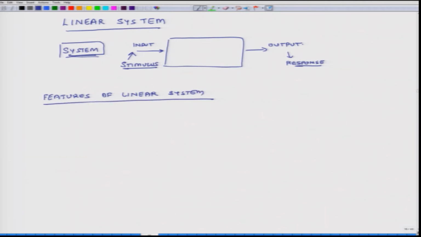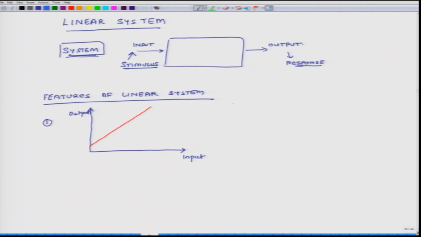First feature is that if I make a graph of input versus output, the line has to be a straight one. The line need not go through the origin, but it has to be a straight line.